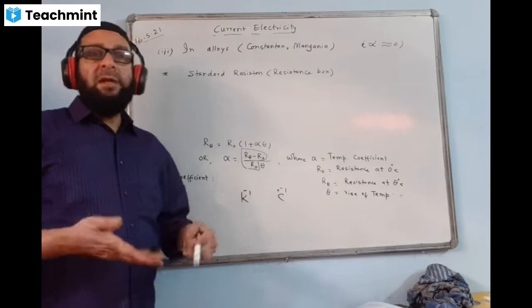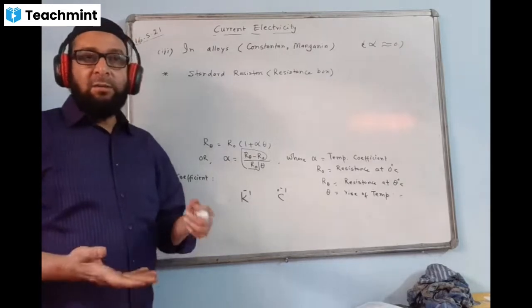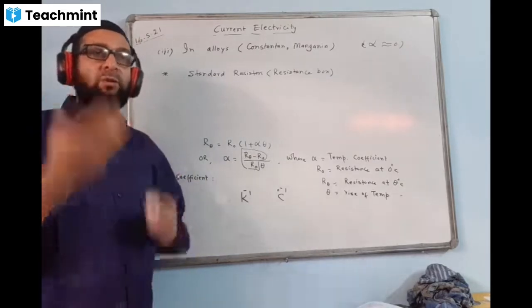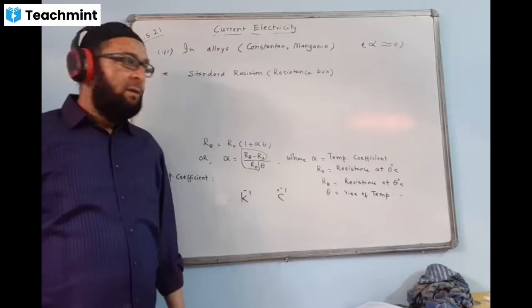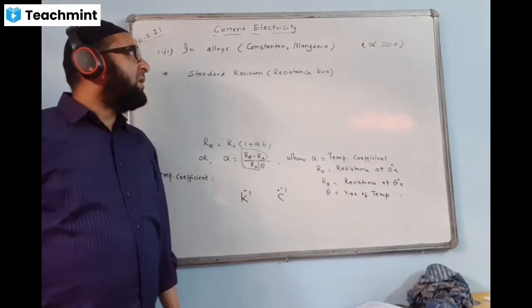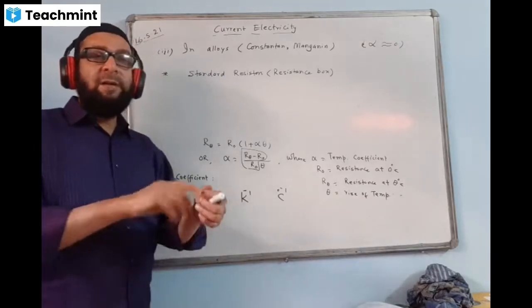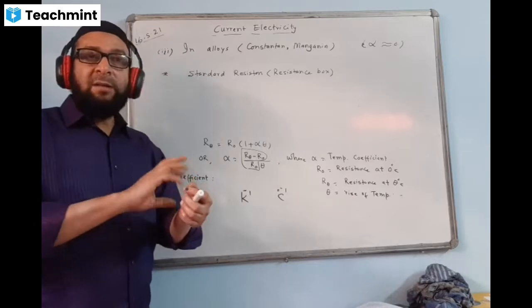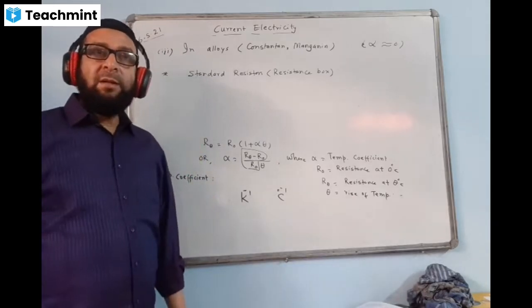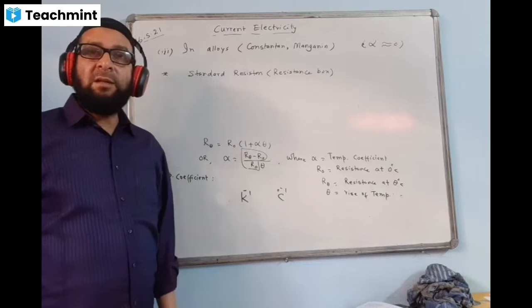And we know that the temperature fluctuates daytime and weather wise, season wise also. So if we use some other materials, their temperature will change and so will the resistance. Their resistance will not be constant in that case.